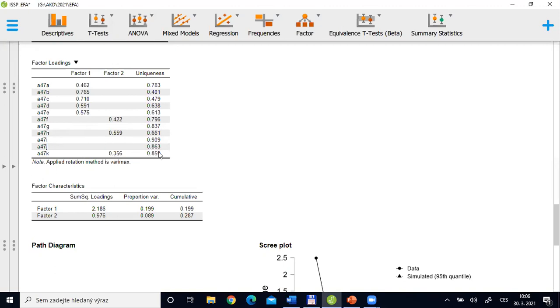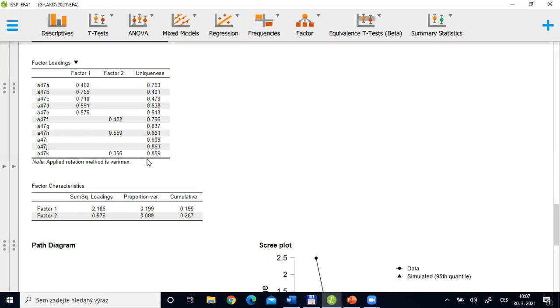I would propose for this task to omit these three items, as they simply do not conform to my solution in the check data. The second solution could be, and maybe it would help, to add one more factor, and maybe these three items would create a third dimension. My proposal is not to follow this step, as it wouldn't help in this case.